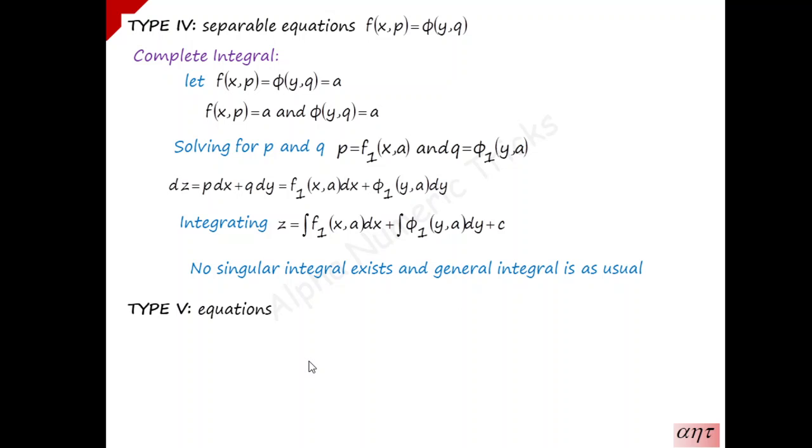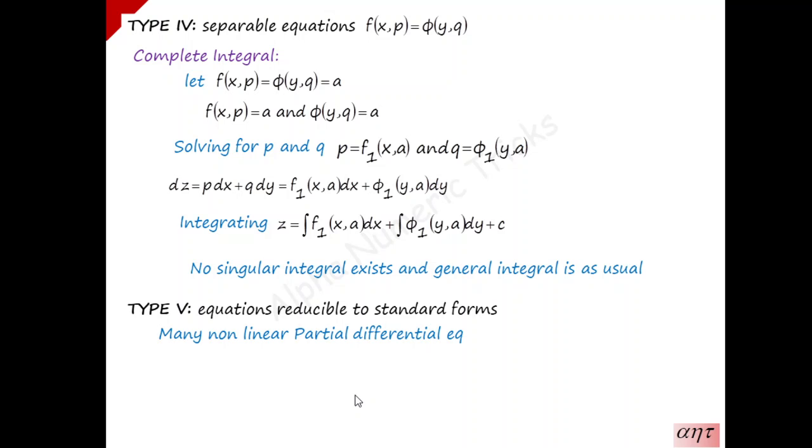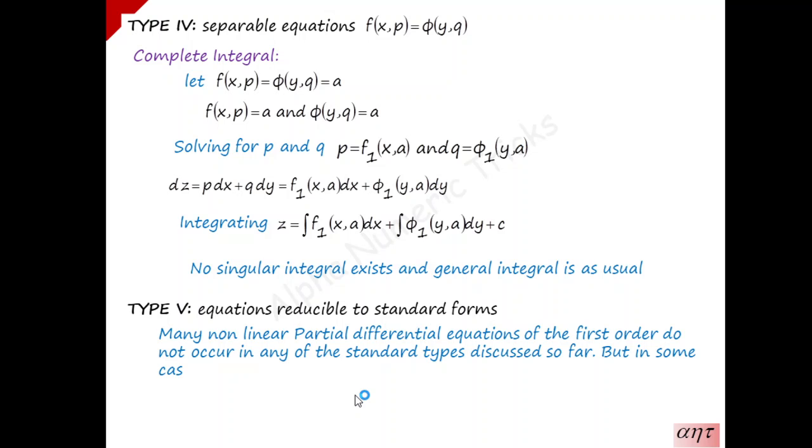Now type 5 problem is equations reducible to standard forms. In practical situations, we can't predict that all these partial differential equations occur in type 1 or type 2 or type 3 or type 4. We can't predict like that. Different equations may occur.